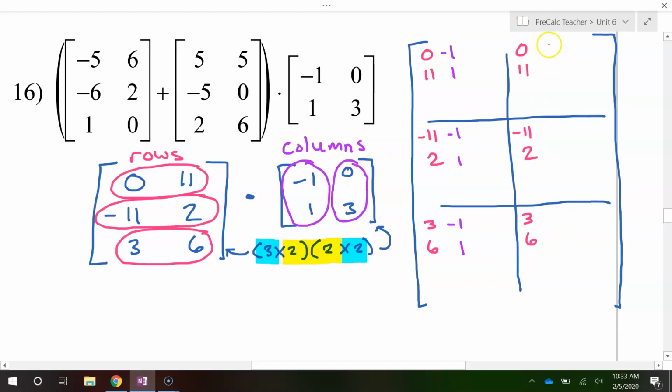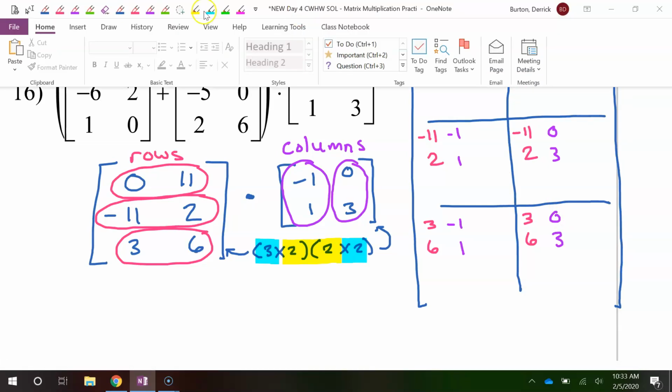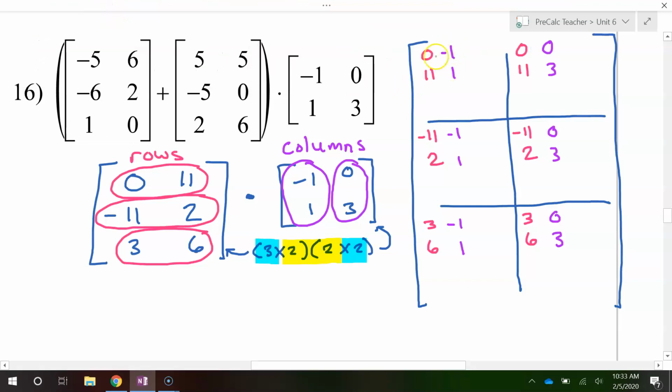So we will have 0, 3. Next, we need to multiply each of these pairs. So let's see. We'll multiply and we'll get 0 and 11 and so on.